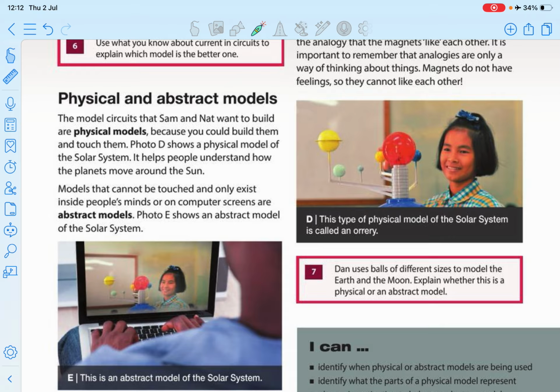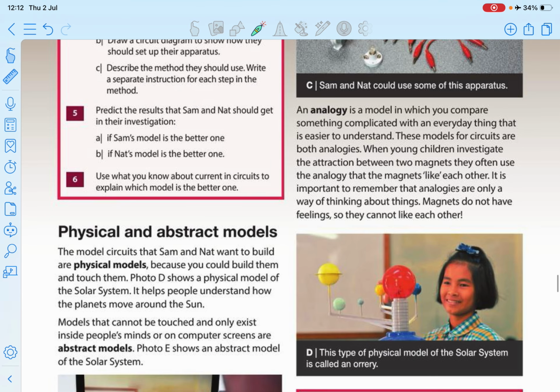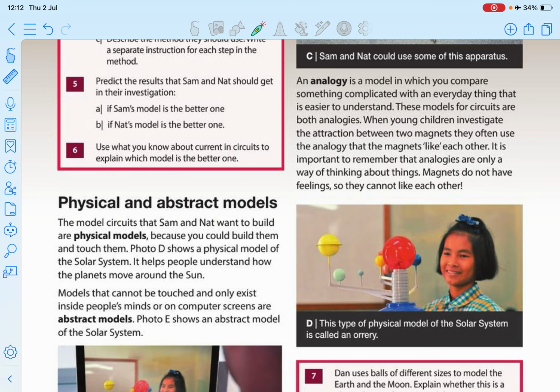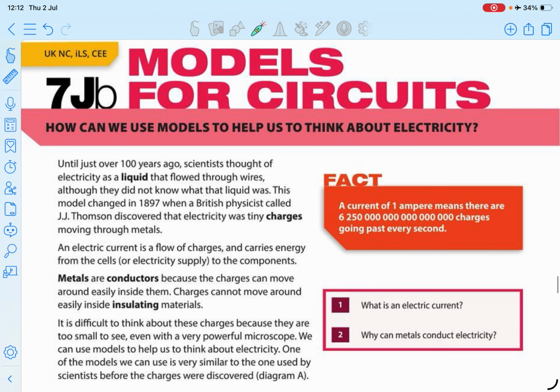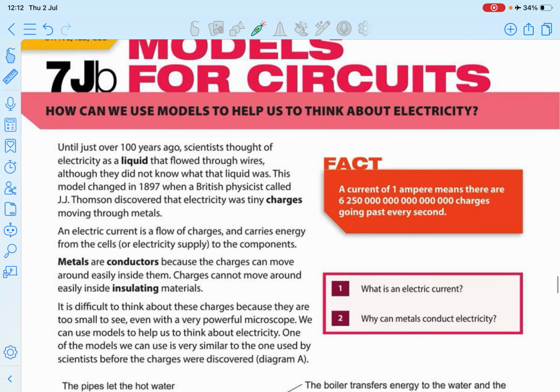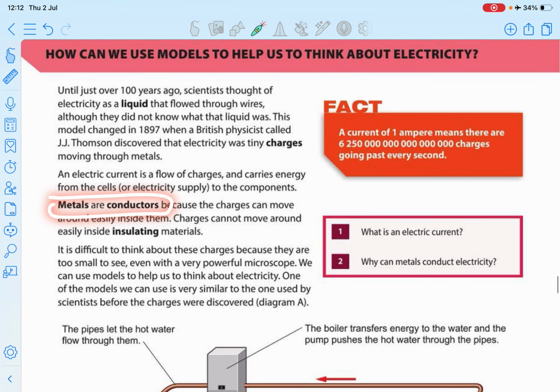A physical model you can touch, an abstract model you cannot touch. It is like in the computer screen and the people's mind. There is a difference between the physical model and the abstract model, right? And models for circuits, right? And to do that, you know, metals are conductors, non-metals are insulators.